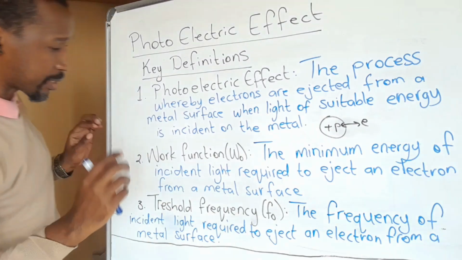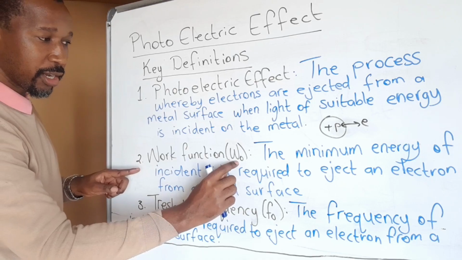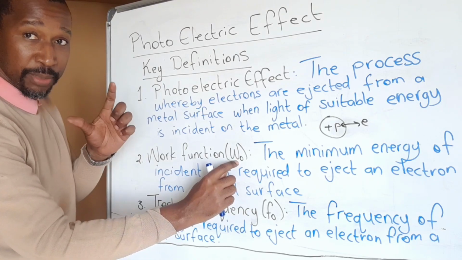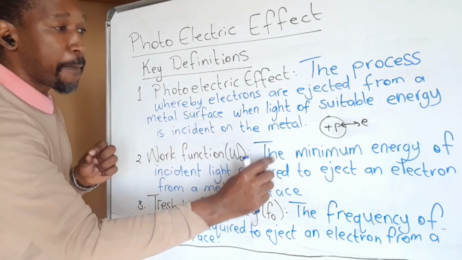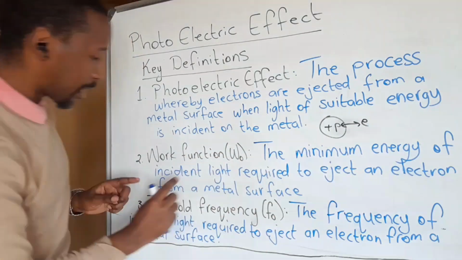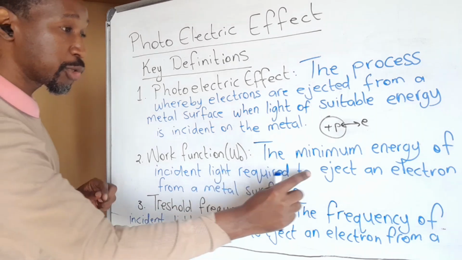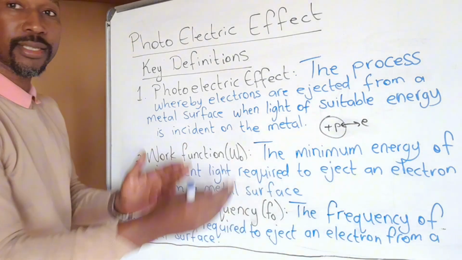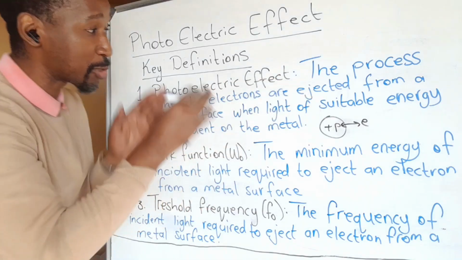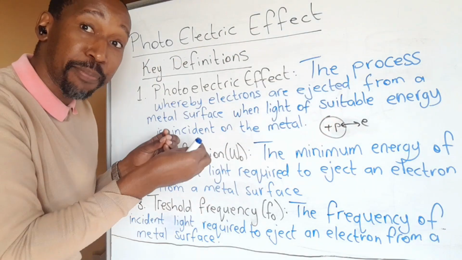So work function, W0 will be the symbol that we use for it, is the minimum energy of incident light required to eject an electron from a metal surface. So it's the minimum energy so that the photoelectric effect can happen.